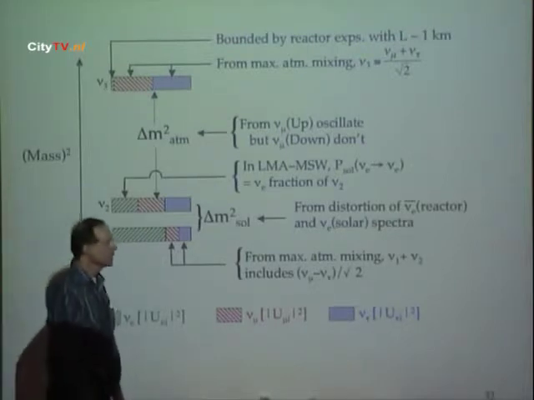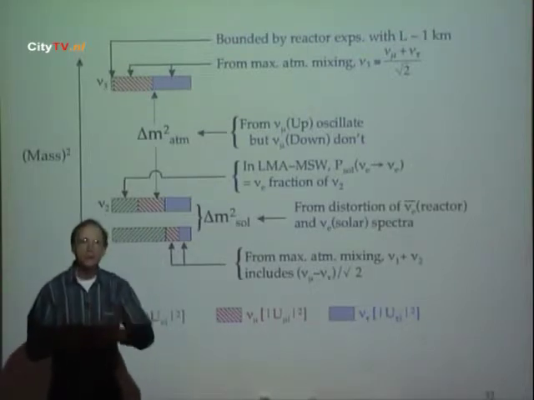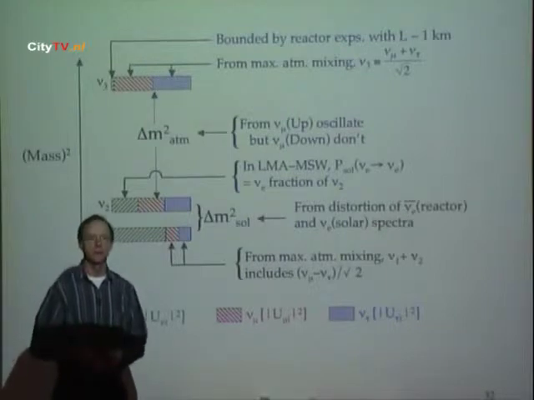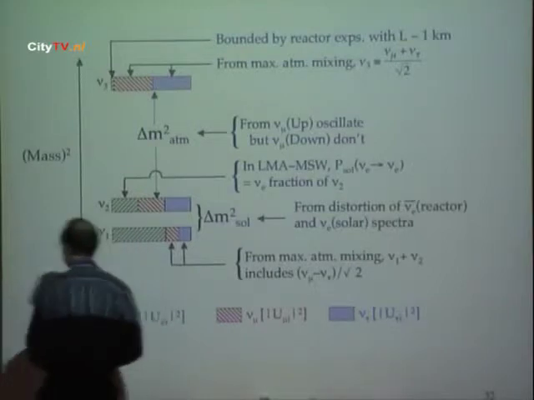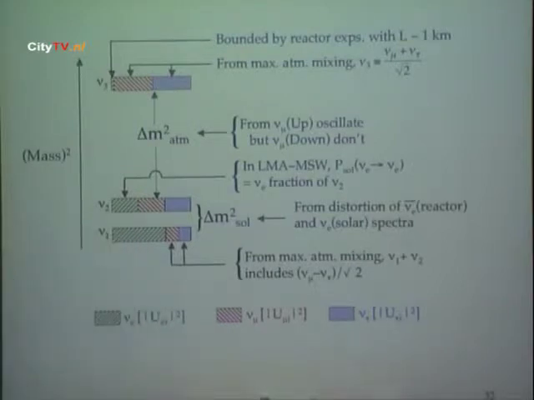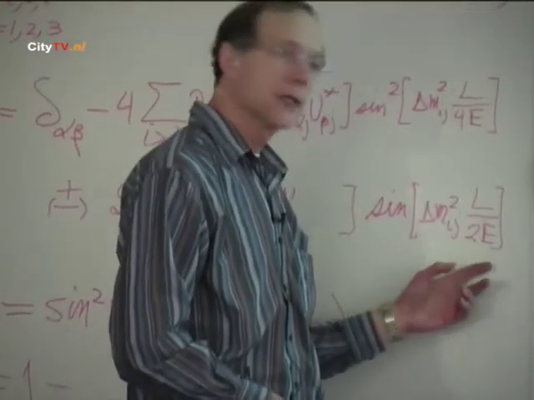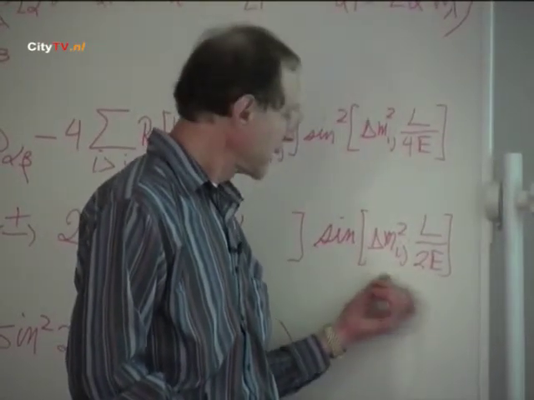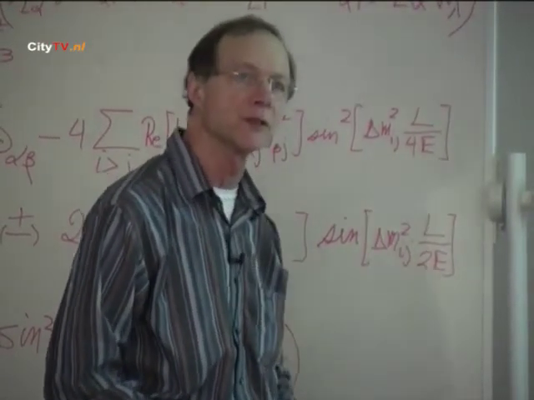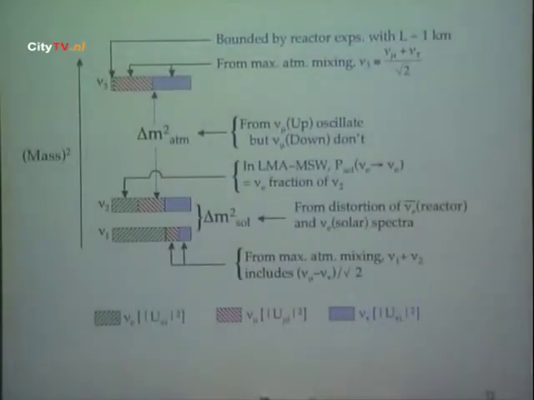The way they measure it is they're looking for nu e bar disappearance. The distance to the reactors is fixed, but the energy isn't. They're looking at a spectrum of reactor neutrinos, and consequently they can study that spectrum as a function of E, and that's going to determine what this coefficient is. That's how they did it. That's how we learned what we know.